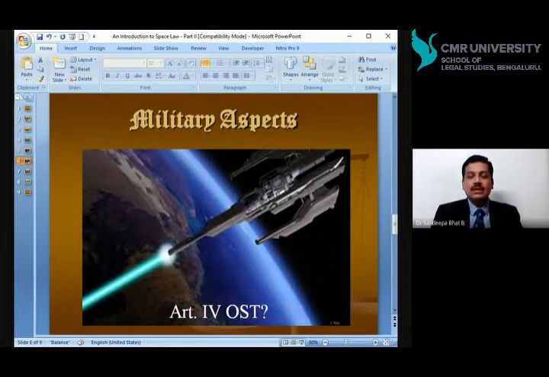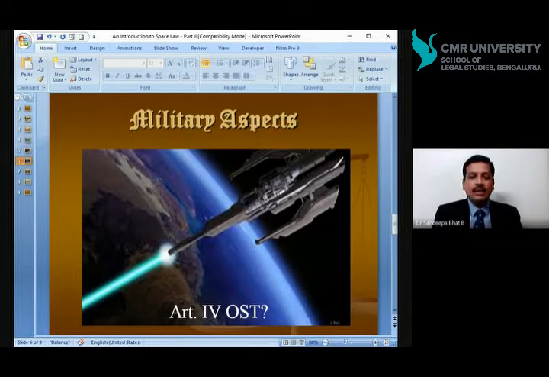That means military activities can be permissible, but only non-aggressive, not aggressive military activities, only defensive ones. But unfortunately, over the period of time, if you look into state practices, most states have practically adopted non-aggressive use of outer space.